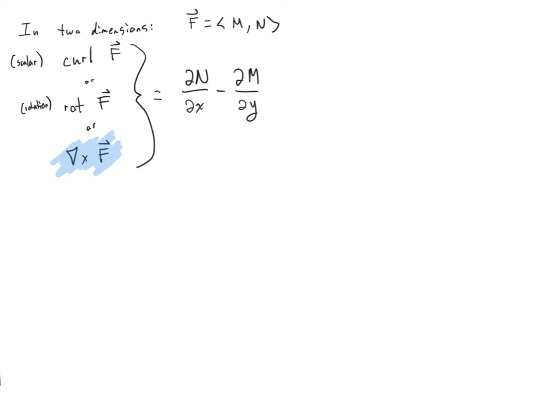So the way these formulas make sense is nabla is going to be a vector, because if I'm taking a cross product, it has to be a vector. And so nabla is the vector d dx, d dy.